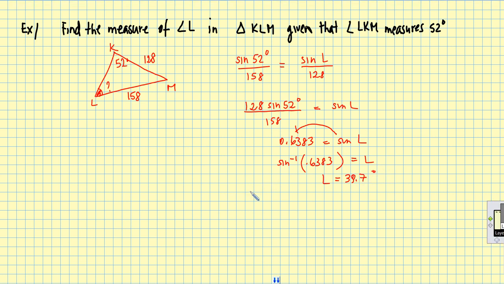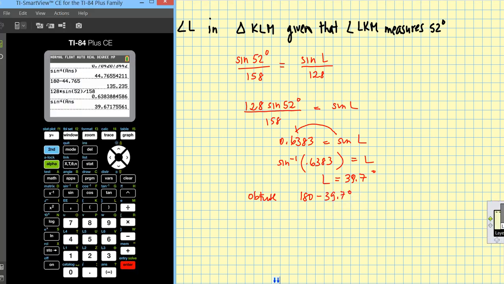If I were to find the corresponding obtuse angle, I would do 180 minus 39.7, which gives me 140.3.